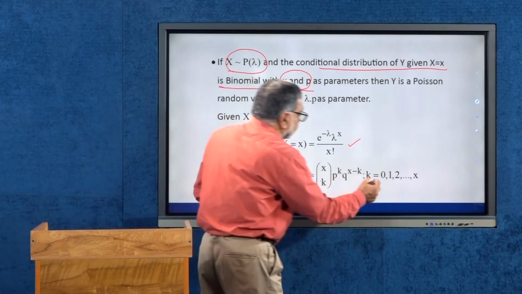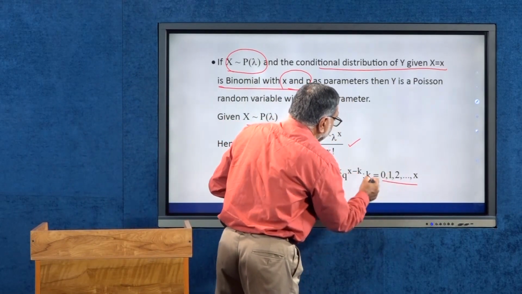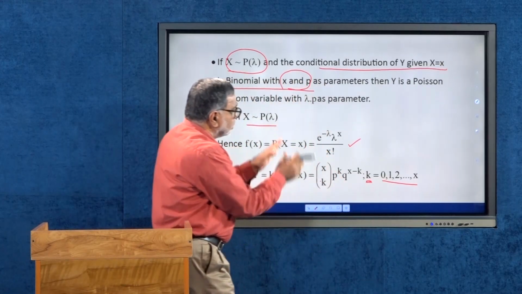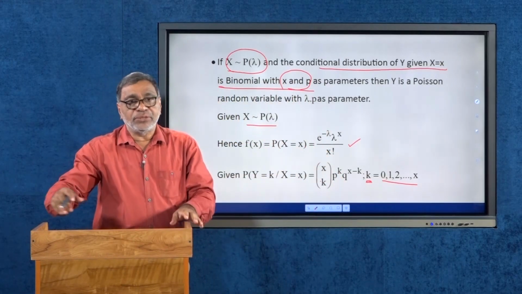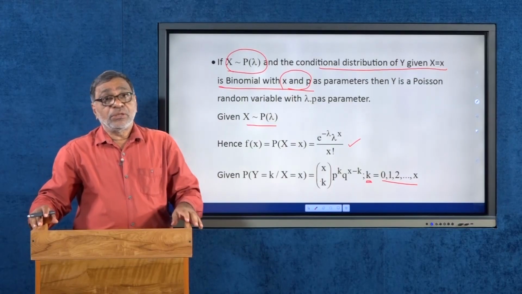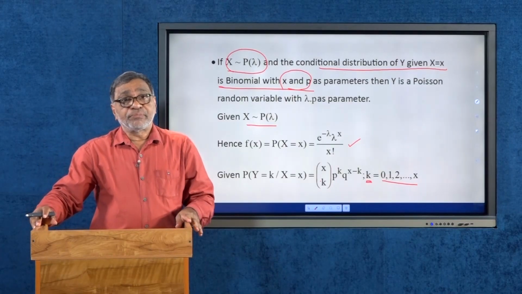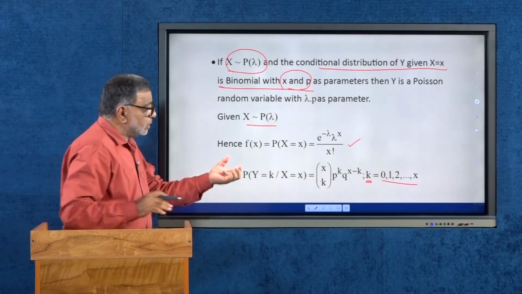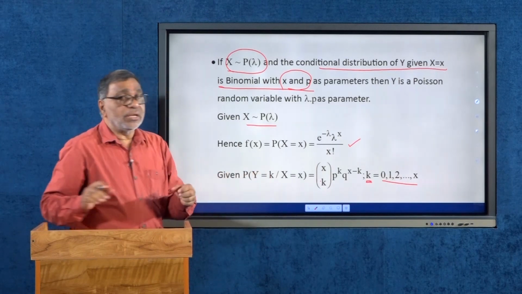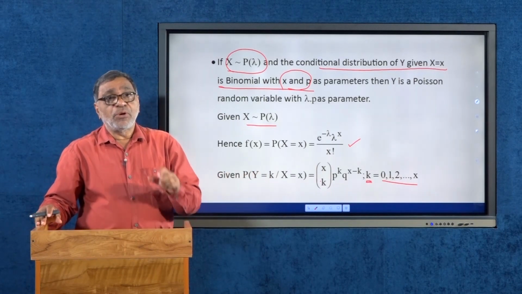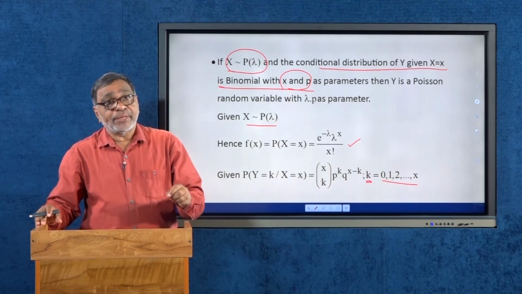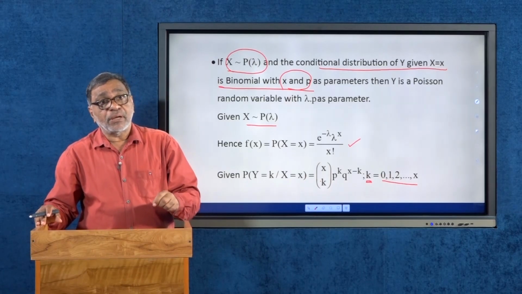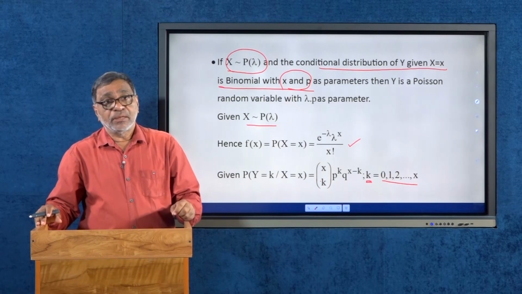These are the two facts given to you, and from this our aim is to prove that y is a Poisson random variable with the parameter, the product of lambda and p.